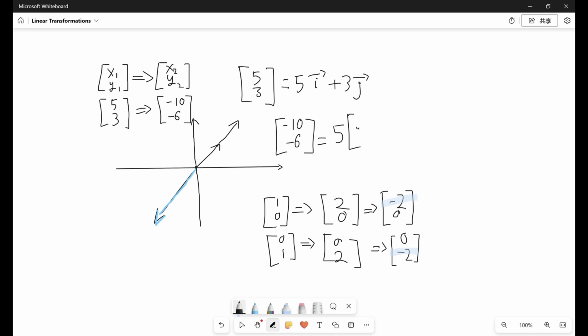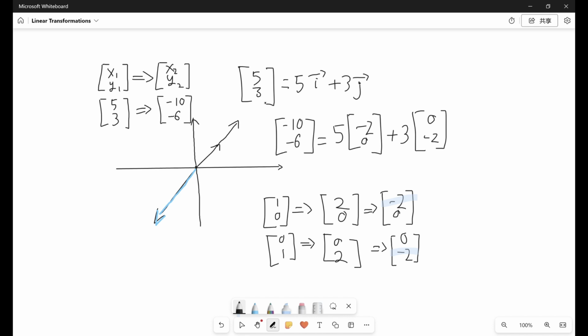And essentially, you realize that negative 10, negative 6 is actually made up of 5 times negative 2, 0, right? That's negative 10, 0. And then you add that to 3 times 0, negative 2, which is 0, negative 6.